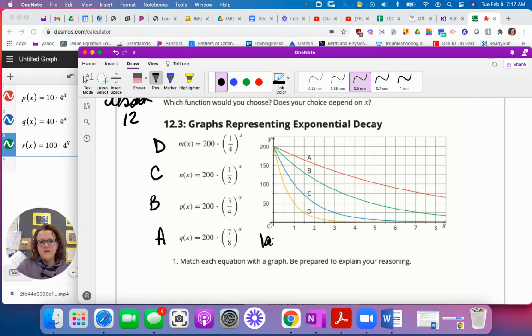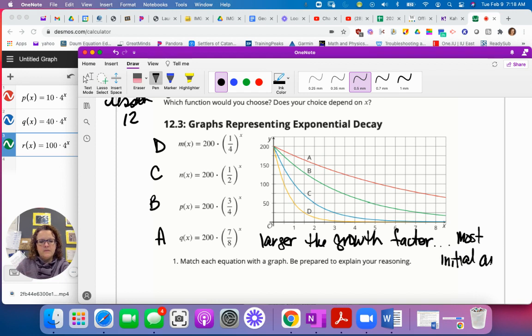Okay, the larger the growth factor, that's the most of the initial amount remaining.